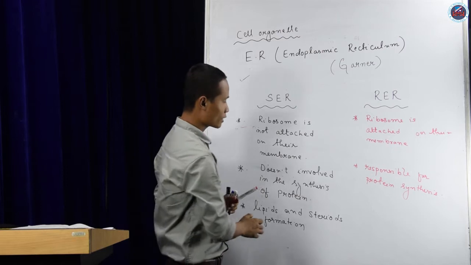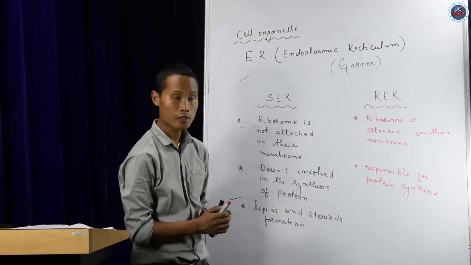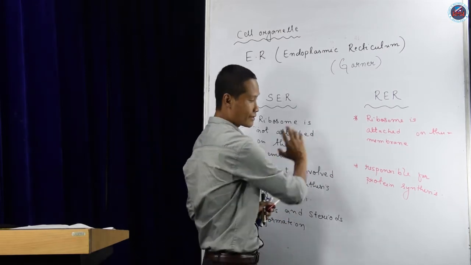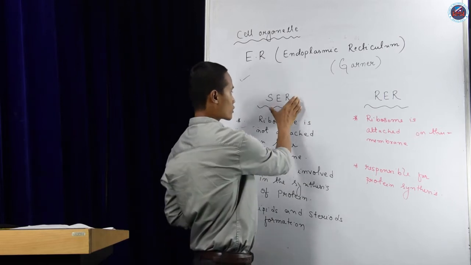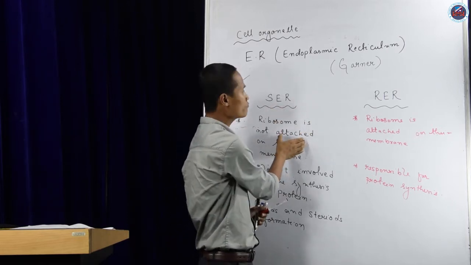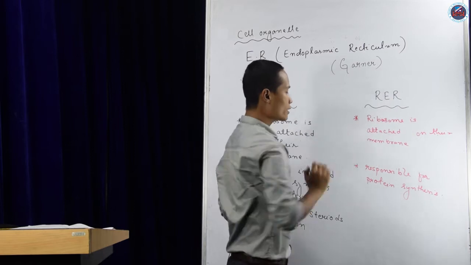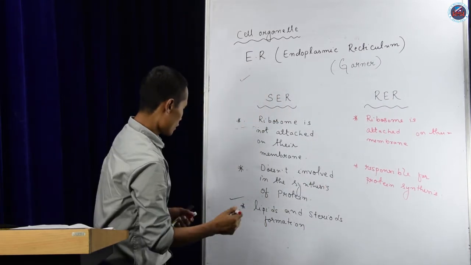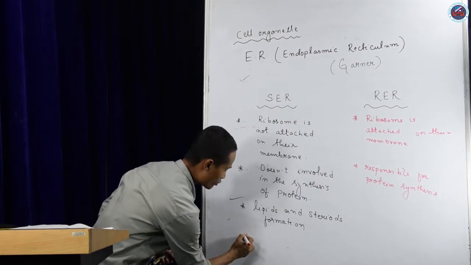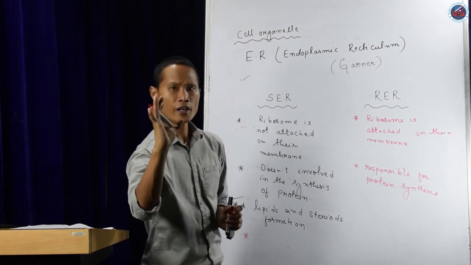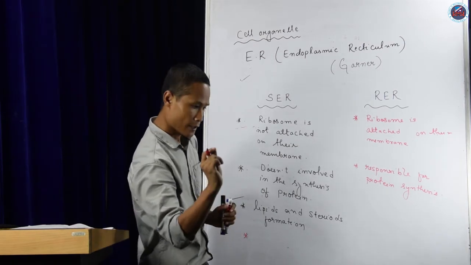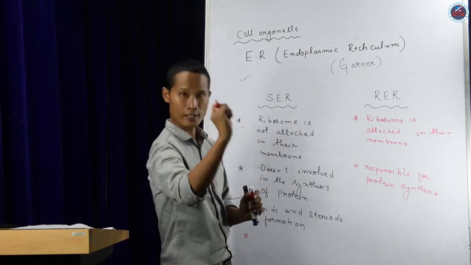Now what about the other functions? These are the basic differences: in smooth there will be no ribosome, and in rough there will be ribosomes. When we were discussing the forms, I said that the cisternae has ribosomes.